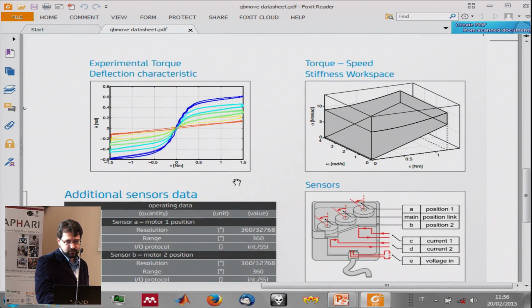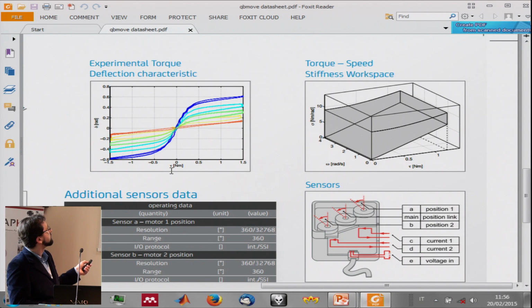Here on the second page, we have the experimental torque deflection characteristic, in which you can see that the system is not perfect. You have this hysteresis, and also you have some sort of rippling here. You see that this hysteresis changes a lot on the different stiffnesses.